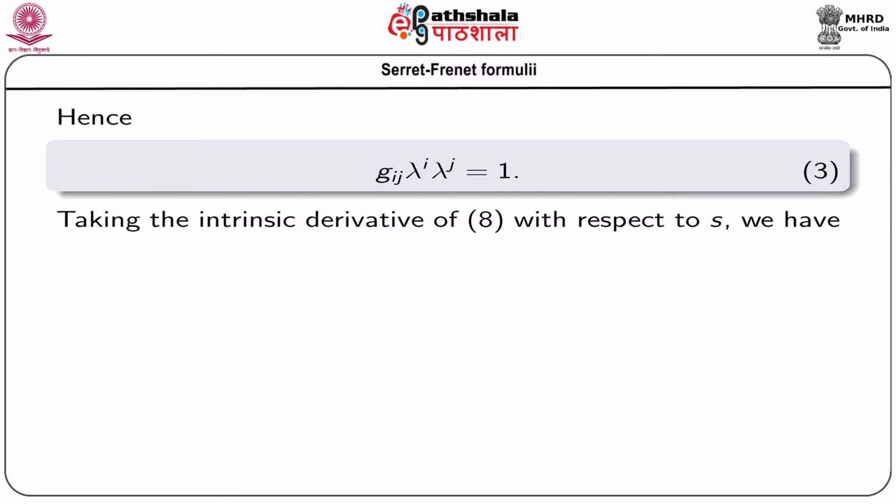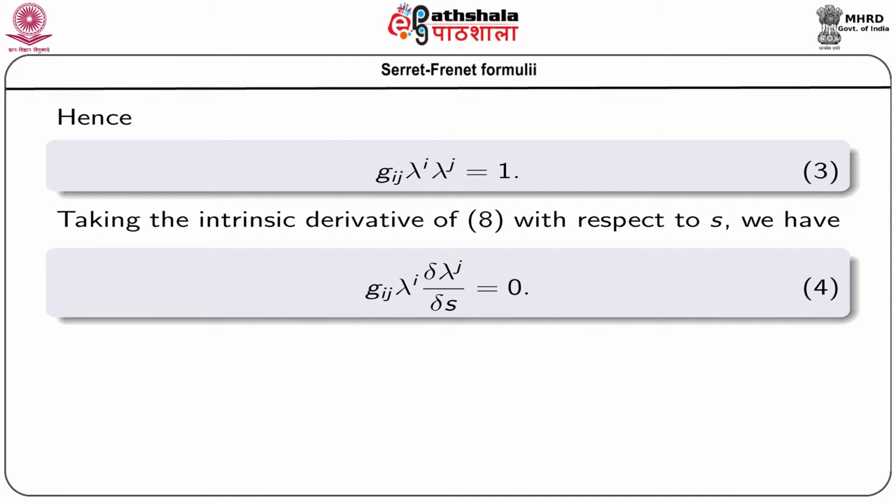Now, taking the intrinsic derivative of equation 8 with respect to s, we have g_ij lambda^i δlambda^j/δs equal to 0.